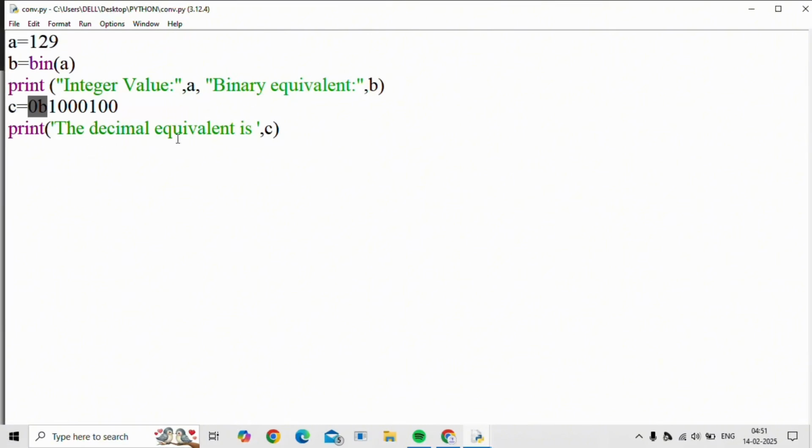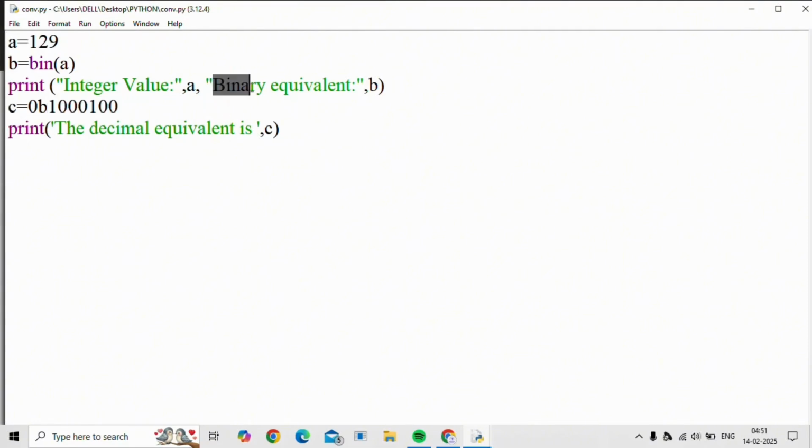When we print the value, the number will not be printed in the binary form. Instead, the number will be printed in the decimal form, that is the original integer form. The corresponding decimal equivalent will be displayed in the output.